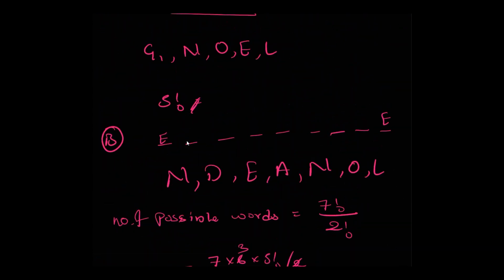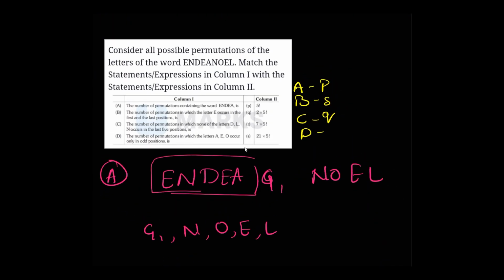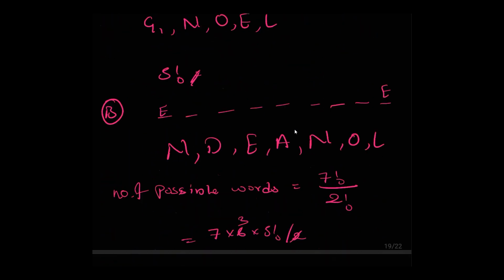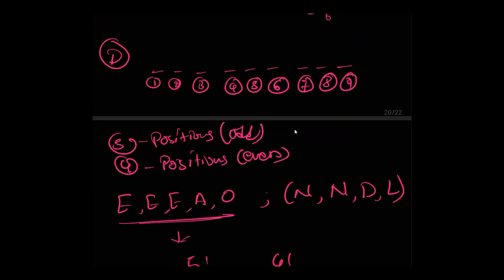Therefore, for question D, the answer will again be Q. That is A goes to P, B goes to S, C goes to Q, and D goes to Q. Now let us move on to the next question.